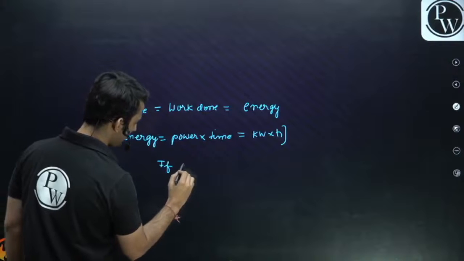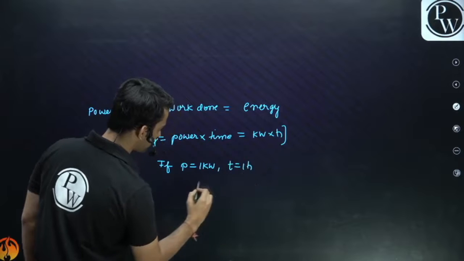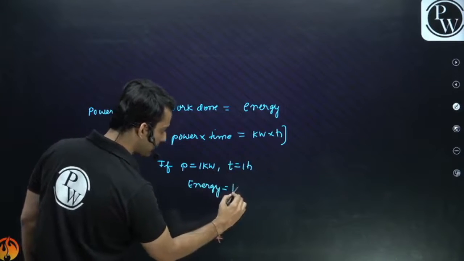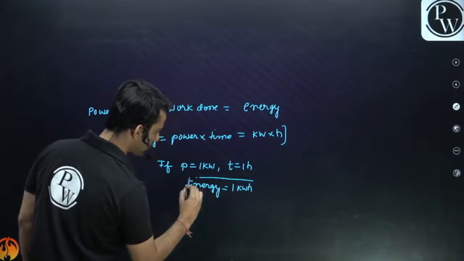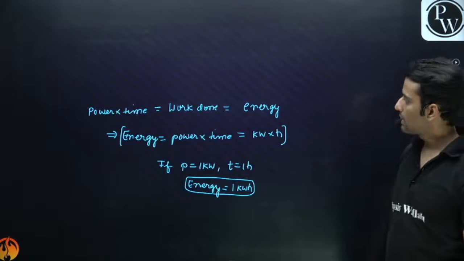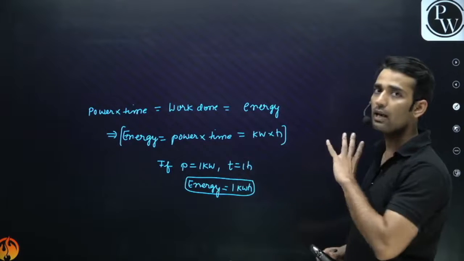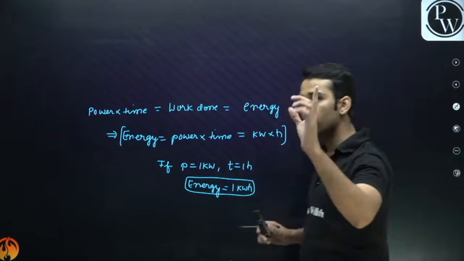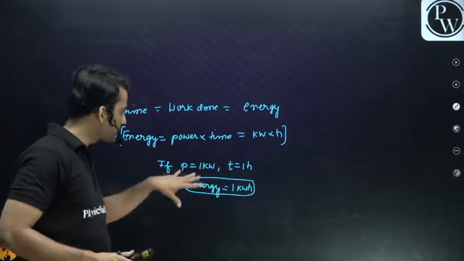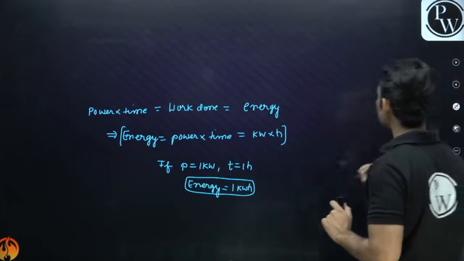So guys, if power is 1 kilowatt and time is 1 hour, don't you think from this formula the energy spent will be 1 kilowatt hour? Energy is power into time. Power is 1 kilowatt, time is 1 hour. So energy will be 1 kilowatt hour. And this 1 kilowatt hour, guys, is nothing but the unit.